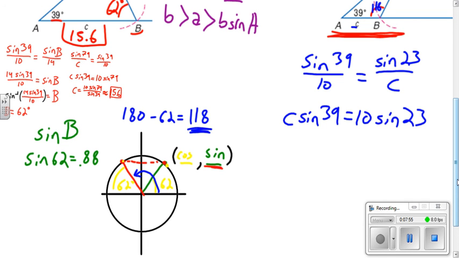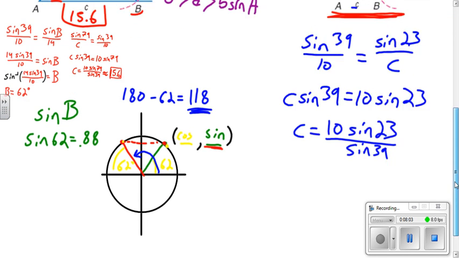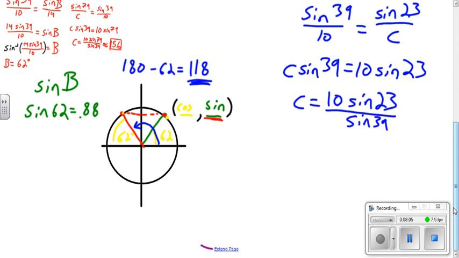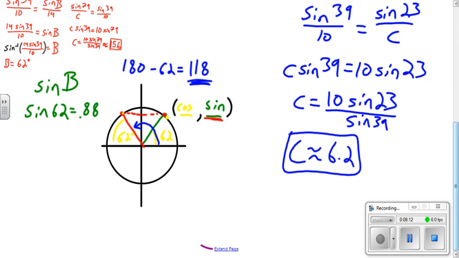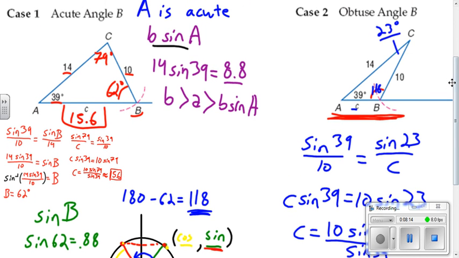Divide by the sine 39 on each side. C equals 10 sine 23 over sine 39. In which case then, punching that into your calculator, C is going to come out to approximately 6.2. So up here, this little C value is 6.2. So here we have solved both cases, both possibilities of triangle ABC.